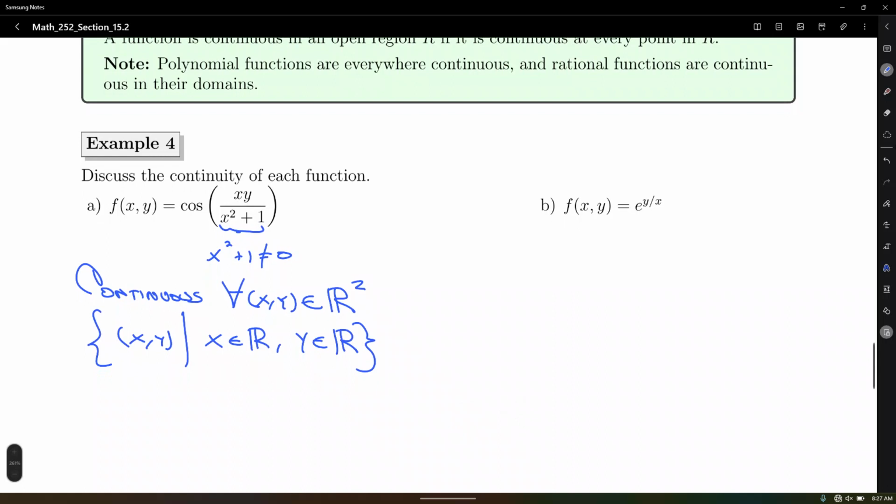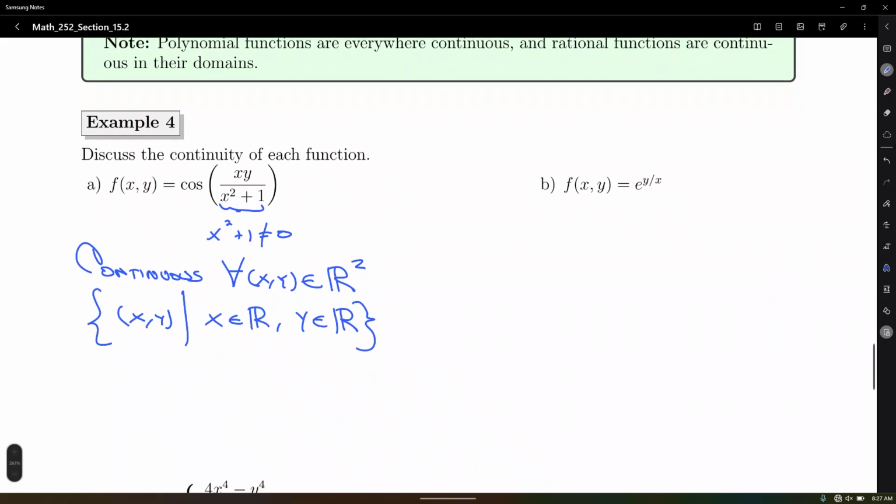For letter B, what about it? f of x y equals e to the y over x. Number one, again, we have another multi-layer function, a composite function composed of an exponential and a rational expression in its exponent. While the domain of the exponential function by itself is all real numbers, let's have a look at the expression in the exponent. We have a rational expression for which there's a variable in the denominator.